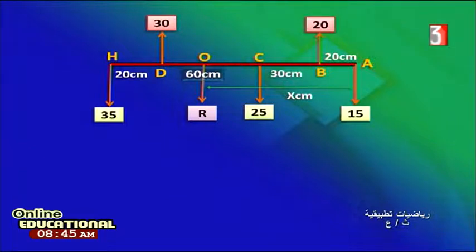Look at the forces up, their sum is 50, 30 plus 20. But the forces down, 15 plus 25 plus 35, equal 75.